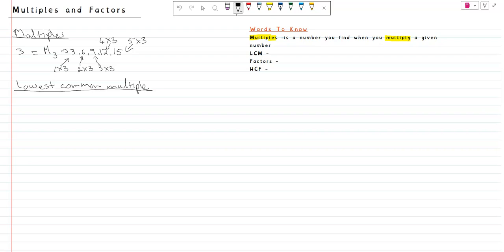Common means you have something the same that the other one has, which means you're talking about 2 or more multiples, and they should have something in common.